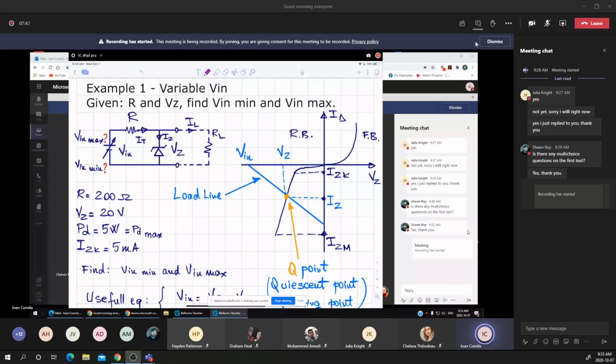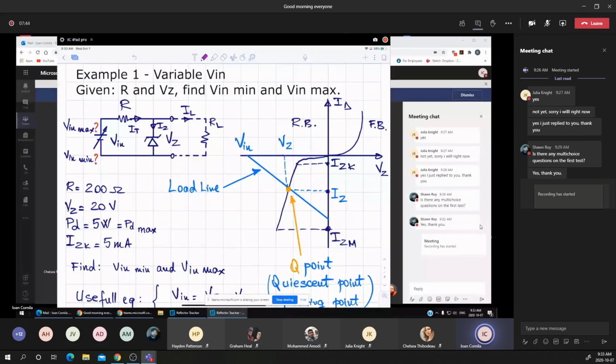You notice that on the right side of the graph, the diode behaves as a regular diode, meaning that if it is in forward bias, there is no change in the behavior of the diode. Forward bias means that the positive is applied to the anode and the negative to the cathode.